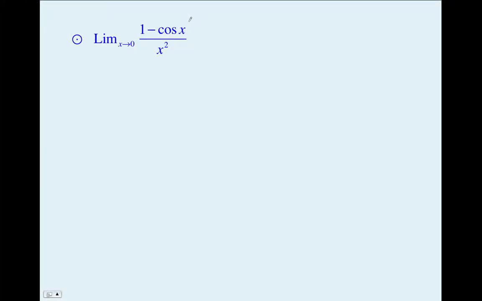Let's now try to calculate the limit of this function as x tends to 0. So I have 1 minus cosine of x divided by x squared. Of course, we could proceed exactly as we did before. We could draw a triangle with this being the angle x, P, Q, square root of P squared plus Q squared, and so forth.